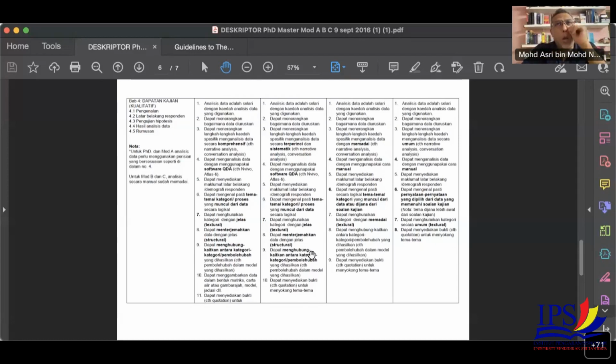So in chapter 4, you will start with your introduction to the chapter. Then start by discussing a bit on the purpose of your research, very, very briefly. The purpose of this research is to do this, to find these objectives, research questions, and hypotheses.